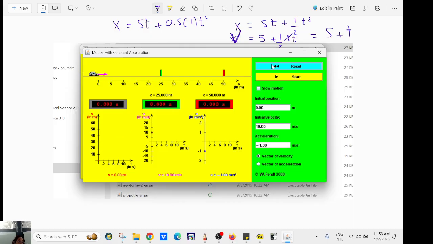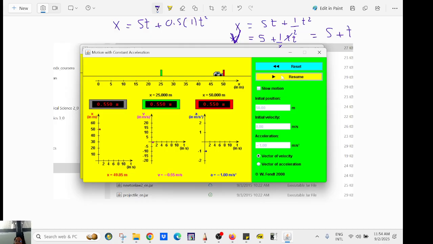And the last one, I'm going to go to 50. Initial position is 50. A is -1. Initial velocity is 0. So now I start from here.